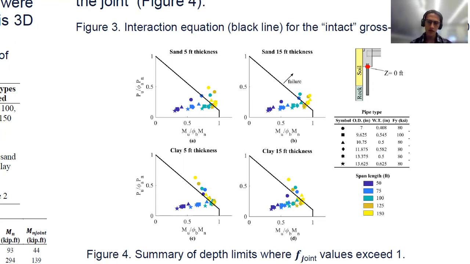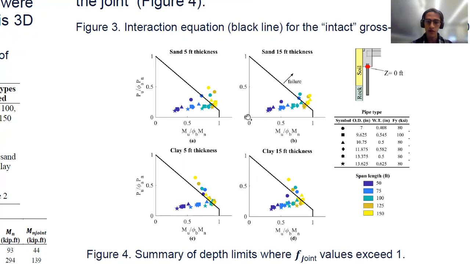Now, something interesting that arises just from observation of this figure is that deeper bedrock depths provide a more convenient scenario for the structural demand of the micropiles. We know that because, for instance, for sandy soils, the markers that represent our data points are far from the interaction line.